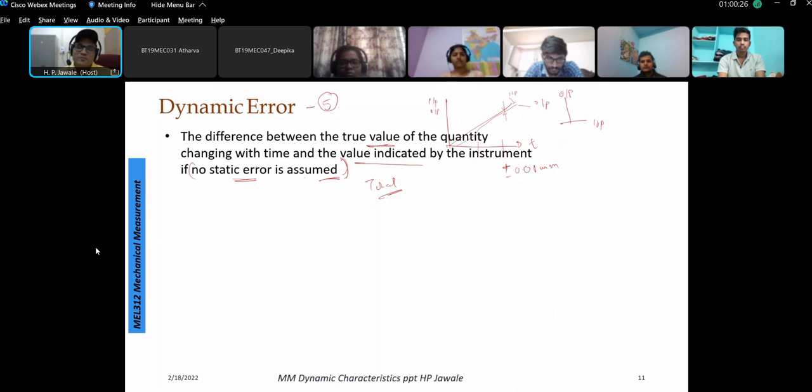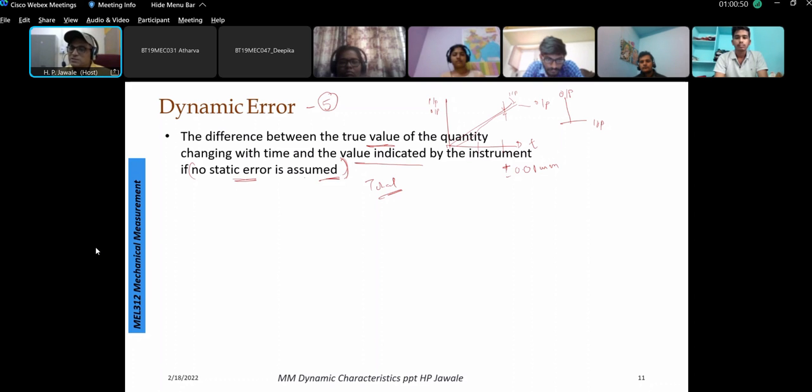Which is practically impossible, because we have gone through the systematic error sources, the random error sources and the miscellaneous error sources. And we have also seen that randomness and the miscellaneous errors are impossible to remove. So that component will always be there in dynamic error.